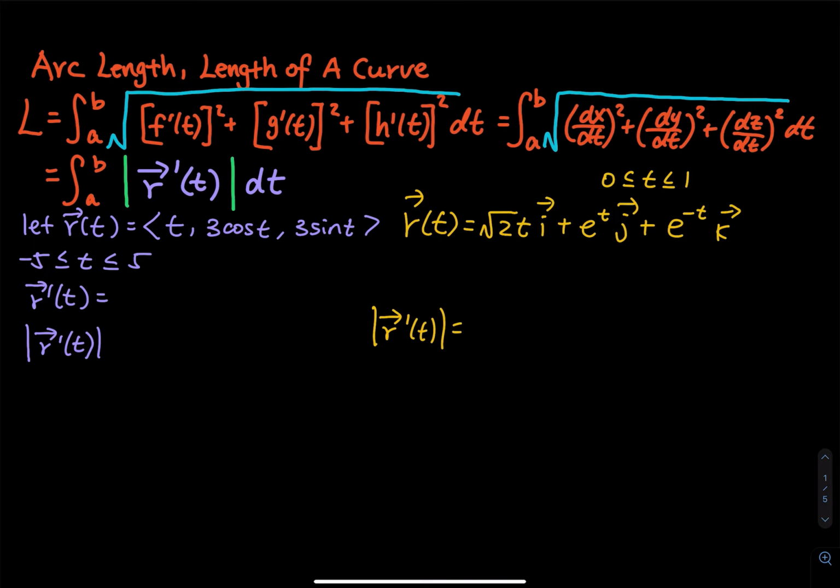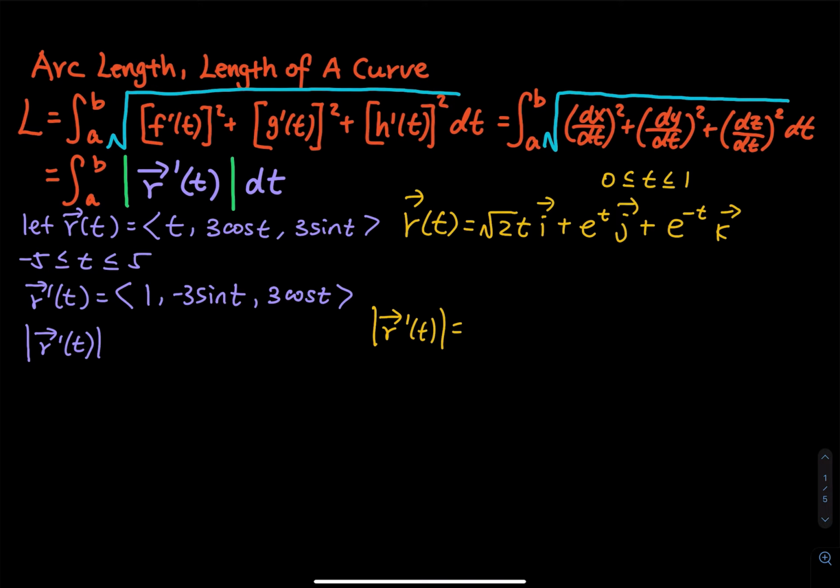So for the first problem, the derivative of vector r: the derivative of t is equal to 1. The derivative of 3 cosine of t is -3 sine of t. And the derivative of sine is cosine, so 3 cosine of t. This is the derivative of the vector r, and then you find the magnitude.